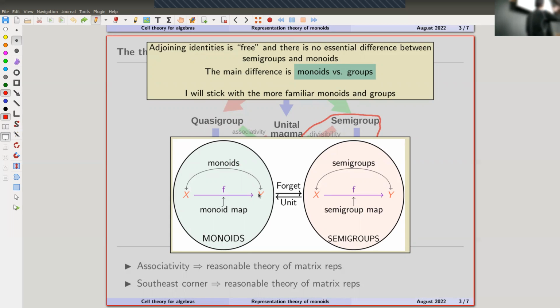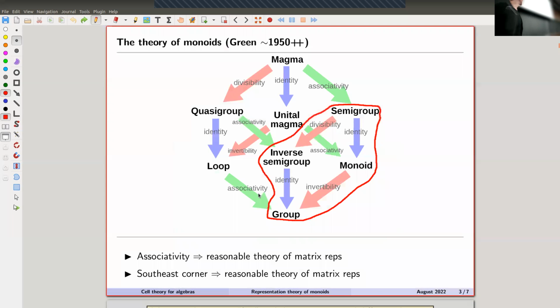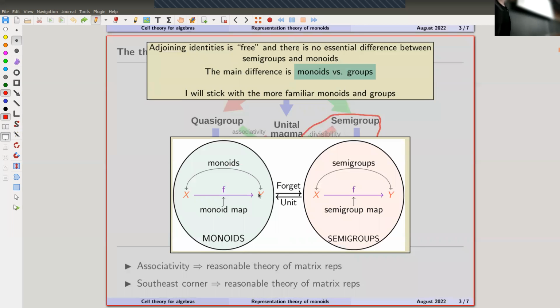You can go from monoids to semigroups by forgetting that you have an identity, and you have a left adjoint, right adjoint, whatever makes sense, in the opposite direction. So that's essentially no difference between those theories. So if you go back here, the purple arrow is really, really harmless, and you'll see that the red arrow is actually really crucial. So I only want to consider the case where there is a distinction by a red arrow. I kind of ignore this stupid nonsense of adding units.